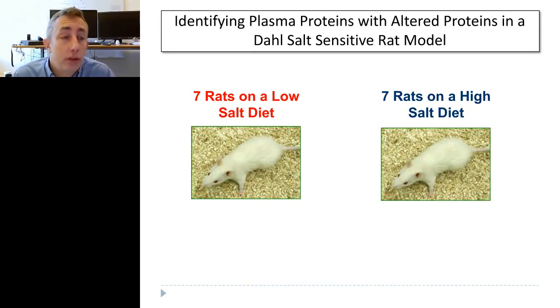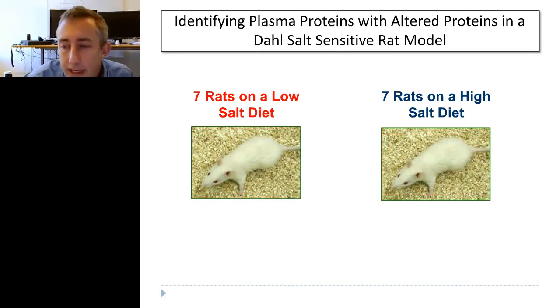So we wanted to identify plasma proteins with altered protein abundance in the Dahl salt sensitive rat model. We started off with 7 rats on a low salt diet and 7 on a high salt diet. These 7 Dahl salt sensitive rats end up developing severe hypertension, left ventricular hypertrophy, and congestive heart failure.